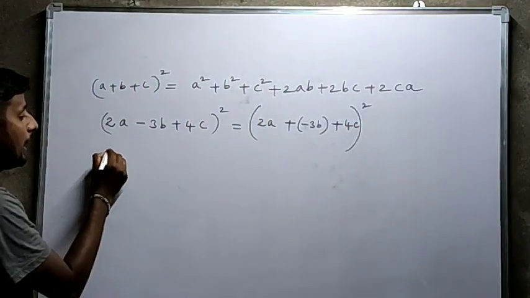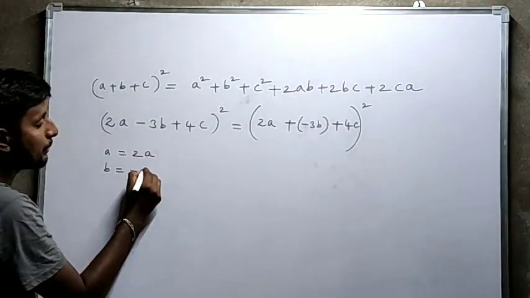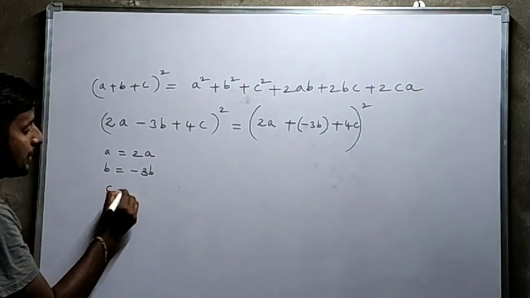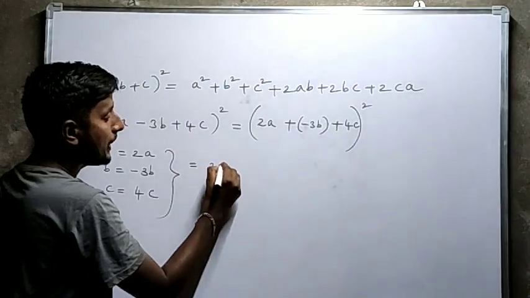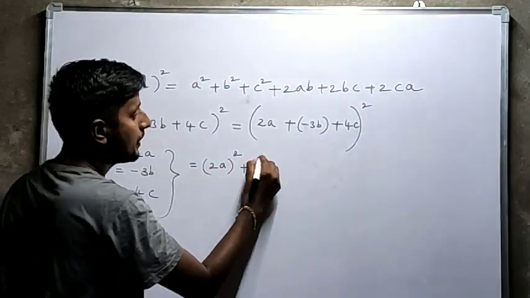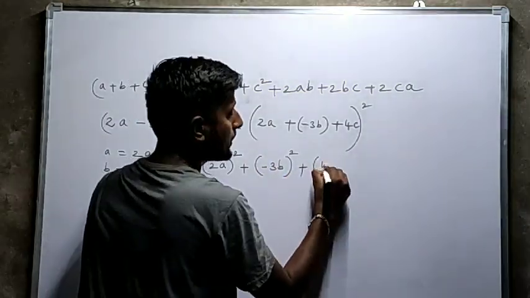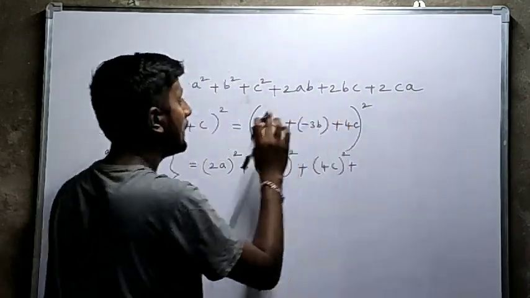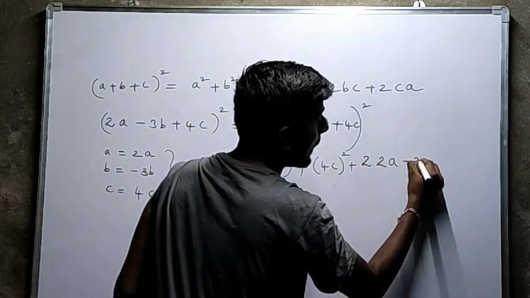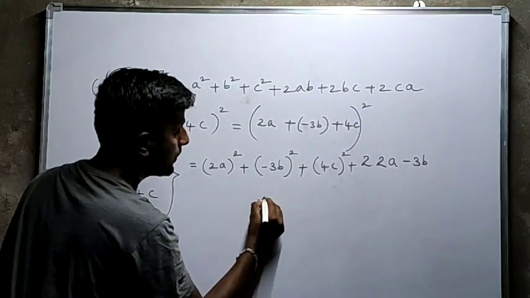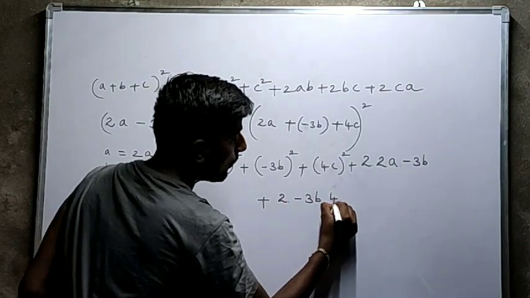Now what happened? A value is 2a, but b value has a negative, so I have taken it with minus 3b, and the c value is nothing but 4c. Correct? What happens then? We'll write 2a whole square, plus minus 3b whole square, plus 4c whole square, plus next 2ab, no? This 2 into 2a into minus 3b, plus 2bc, 2 into minus 3b, 4c.